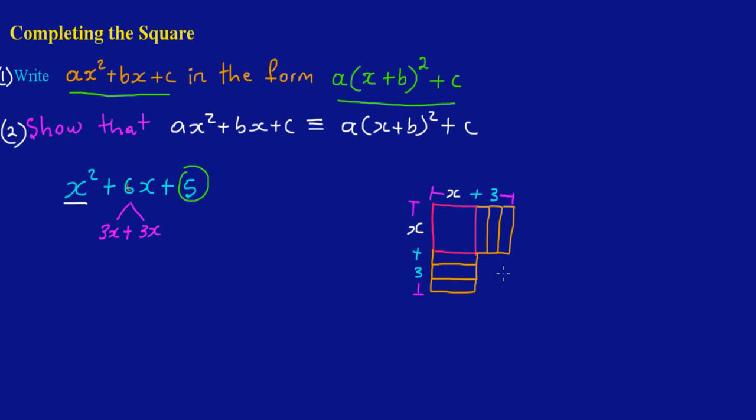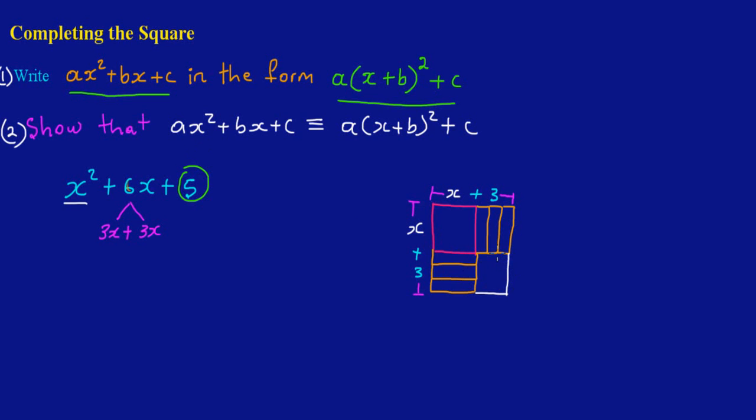So this missing piece would relate to this 5 here. Whatever amount of square boxes I get for this little piece, I would have to subtract it from 5, because that is the amount that is missing. So let's figure that out. To complete my square, I would have to make my little square boxes here.